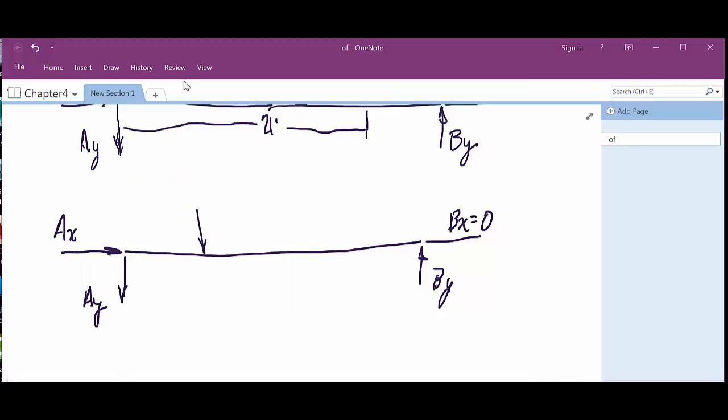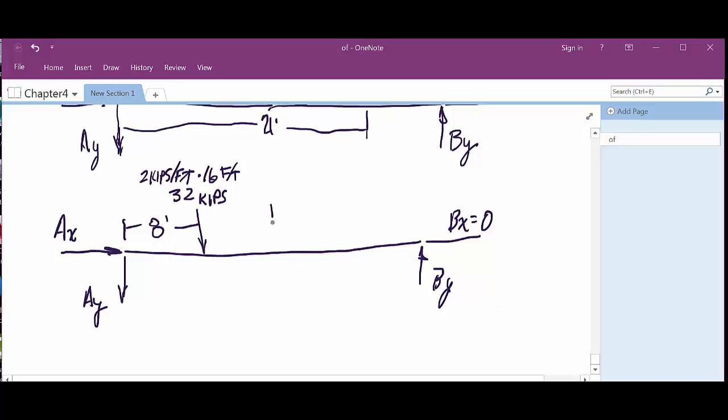Now, you've got 16 or 2 kips. Let's write it out. 2 kips per foot times 16 kips, right? Or excuse me, 16 feet. Feet cancel out. You got 32 kips right there. And that distance is 8 feet. Right?